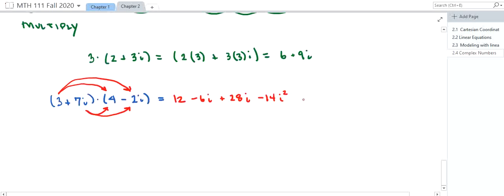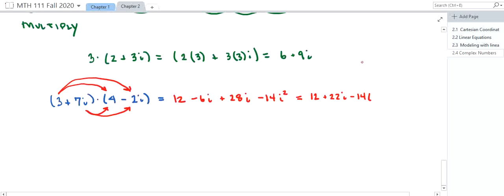So let's simplify this. We get 12, and 28 minus 6 is plus 22i. Now minus 14 times i squared.